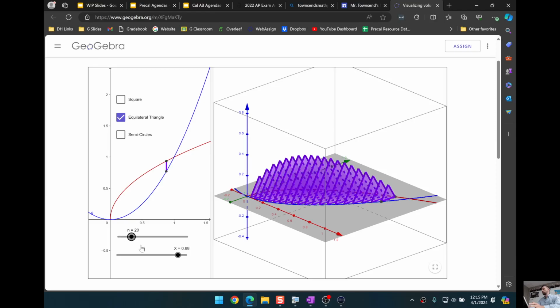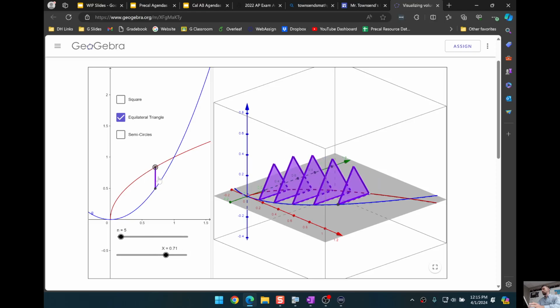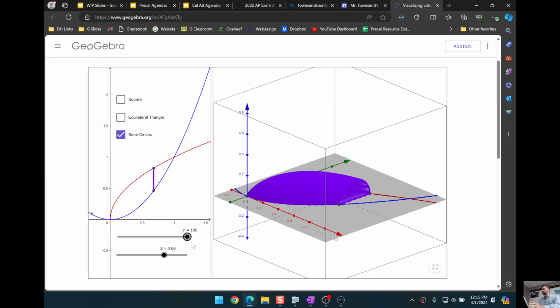When you put enough of them in there, it's not the exact same 3-dimensional shape. It doesn't have the exact same volume, but this little tool helps you play with all that stuff. Here's what the semicircles look like. One semicircle versus a couple semicircles versus almost infinite semicircles.